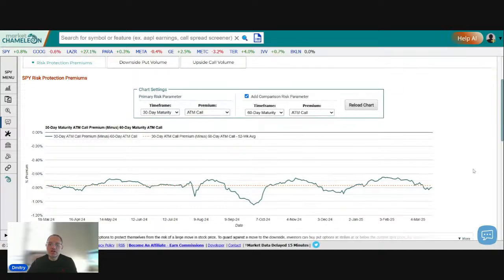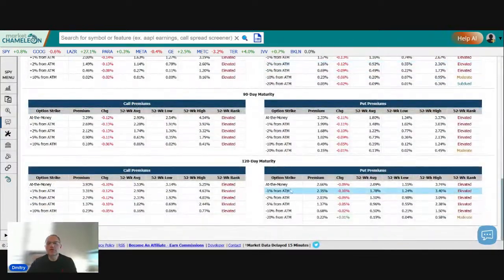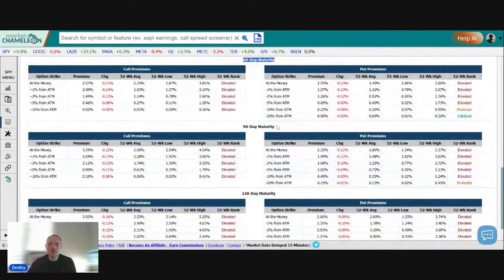Another thing is, if we go down here, we created this table, and this table shows where the current cost is for each of these. So this is an at the money call, and you have 30-day, 60-day maturity, 90 and 120. You have calls on one side, puts on the other side. These are the current premiums.